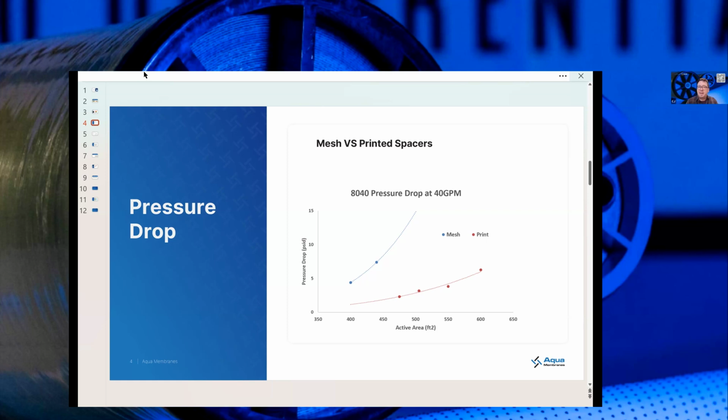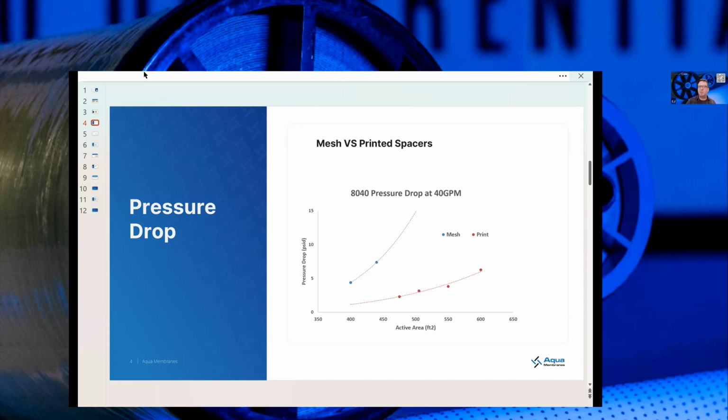The big difference is that by optimizing the print pattern, we can go to a much lower pressure drop curve as a function of channel height, or essentially active area. And sometimes in membrane space, people talk about a goodness curve, or in the gas separation space, a Robeson plot, looking at membrane water transport versus salt transport. And this is to some degree almost like a goodness curve for the feed spacer, how efficiently it's able to get water through the channel.